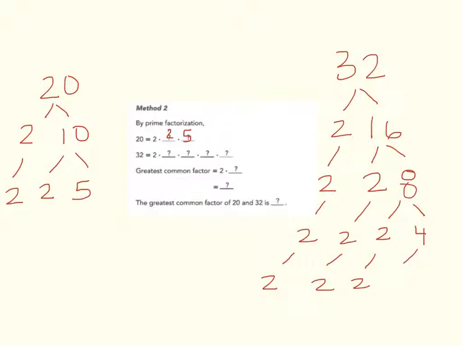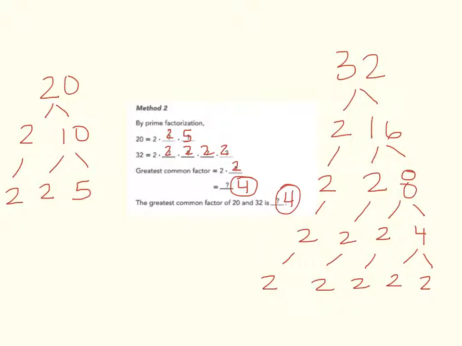And finally, our least prime factor of 4 is also 2, leaving us with 2, which is prime. So our prime factorization of 32 is 2 times 2 times 2 times 2 times 2. Our greatest common factor is 2 times 2, or 4. So the greatest common factor of 20 and 32 is 4.